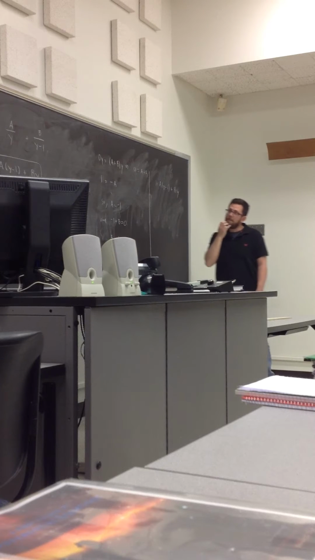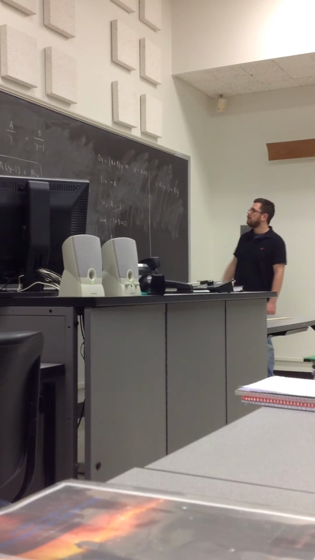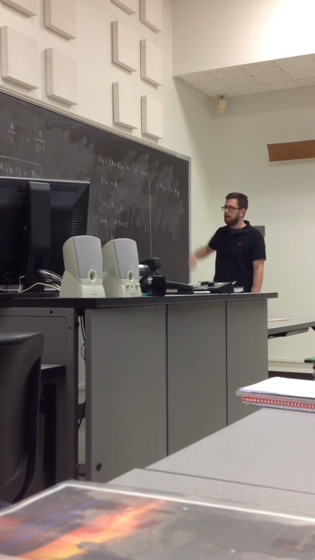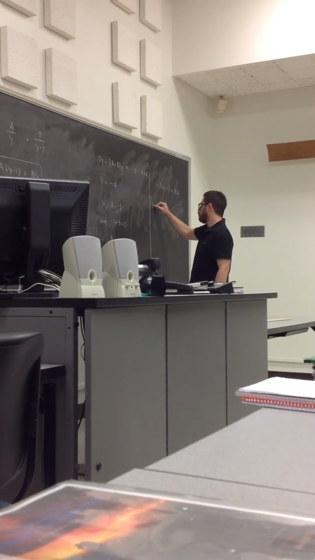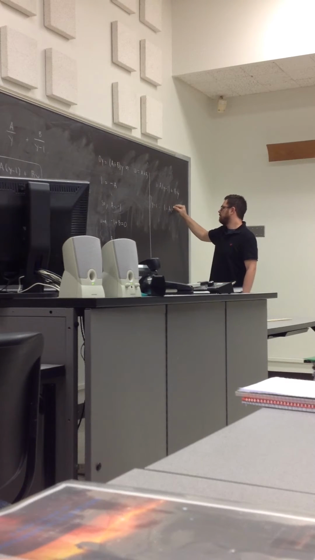So rather than doing this, 90% of the time I'm going to get at these constants using particular values of y. If you choose a value of y that zeroes out one of the terms, you can get them one at a time. If you choose y equals 1, then we know that 1 equals a times 0 plus b times 1.